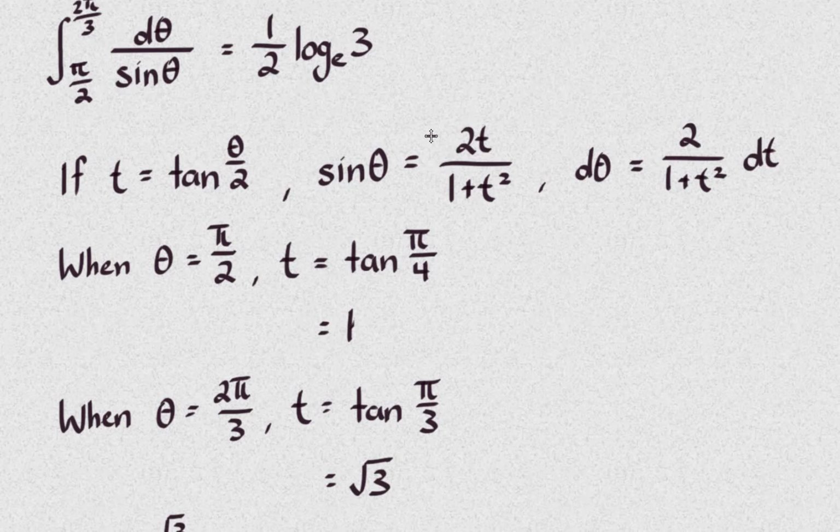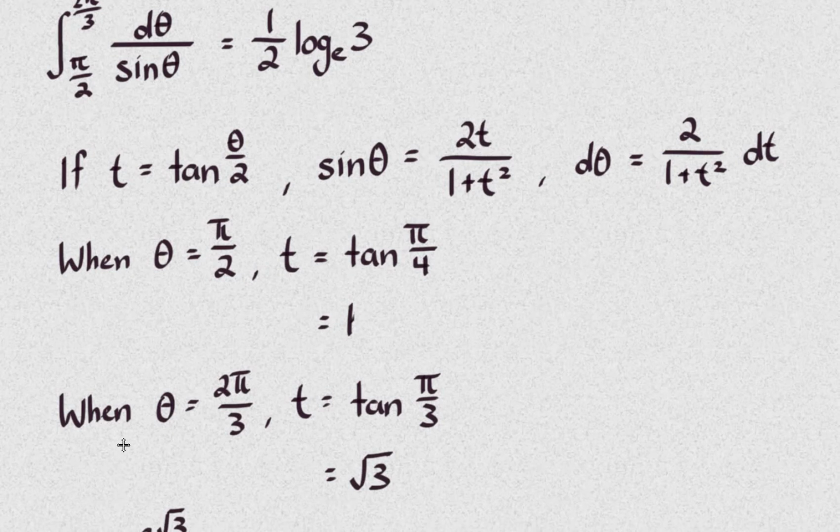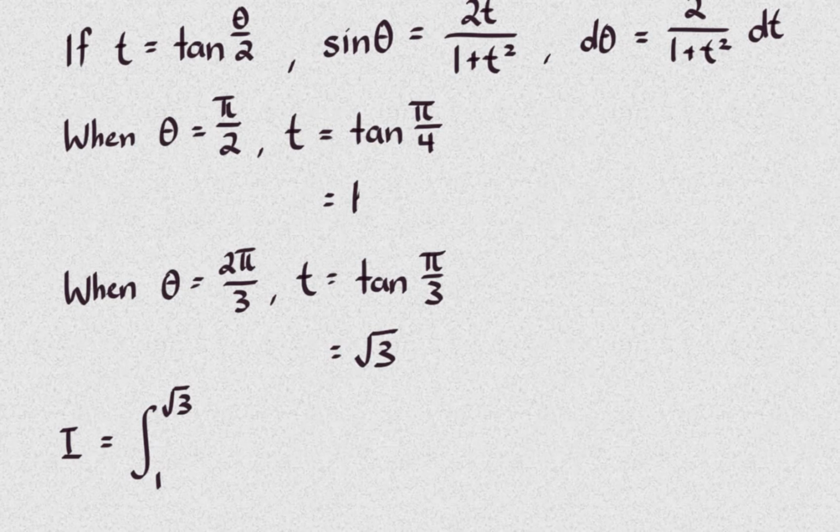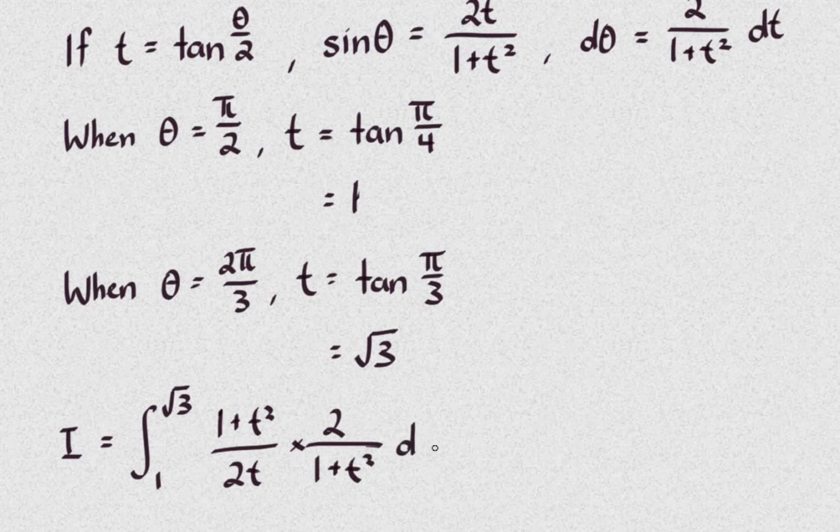So 1 over sine theta, if we're going to express sine theta as this fraction, 1 over that means we are going to flip that fraction. So 1 over sine theta becomes 1 plus t squared over 2t, and then d theta is getting replaced with 2 over 1 plus t squared dt.